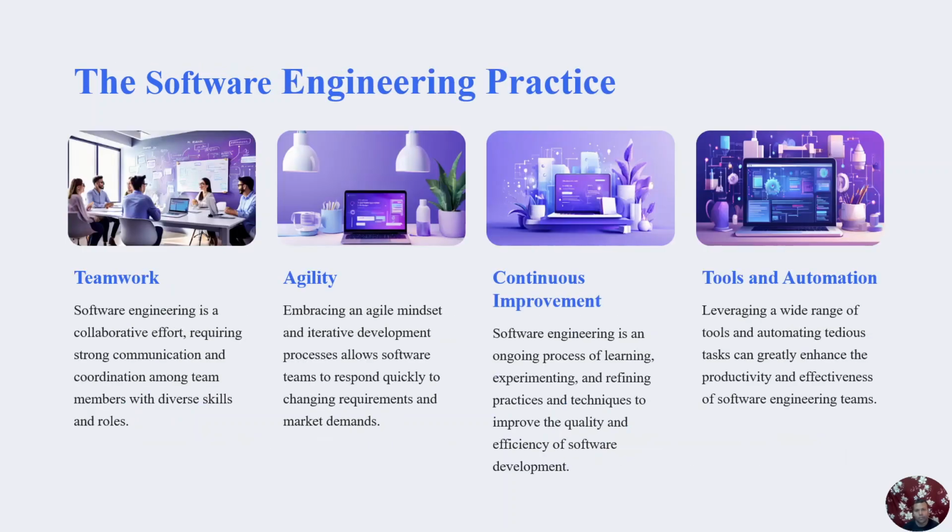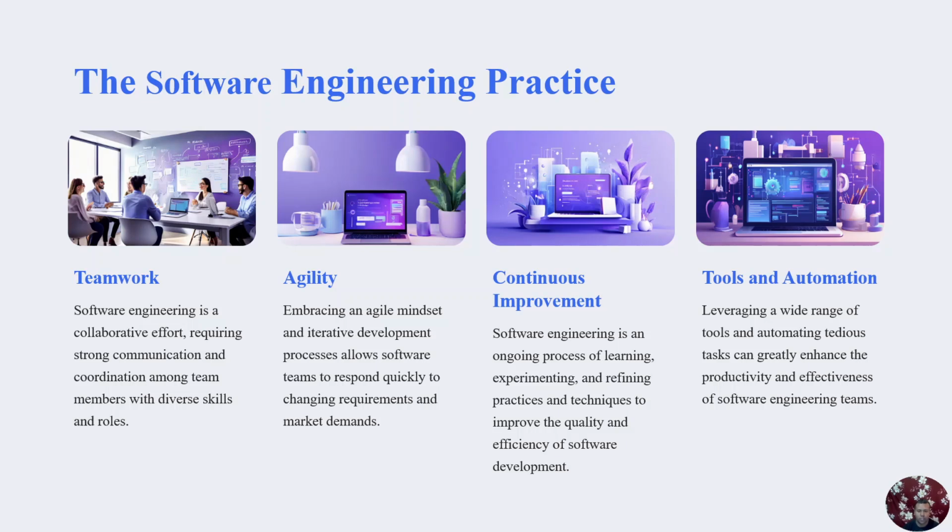Now let's see the software engineering practice. Teamwork. Software engineering is a collaborative effort requiring strong communication and coordination among team members with diverse skills and roles. Agility. Embracing an agile mindset and iterative development process allows software teams to respond quickly to changing requirements and market demands.